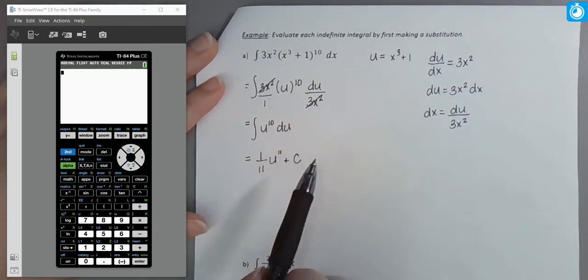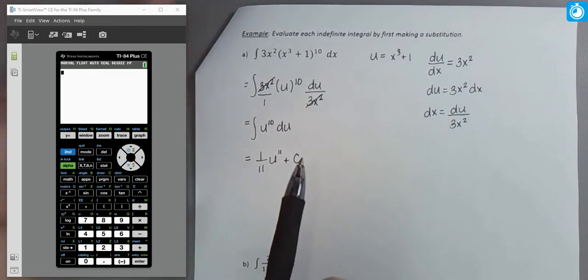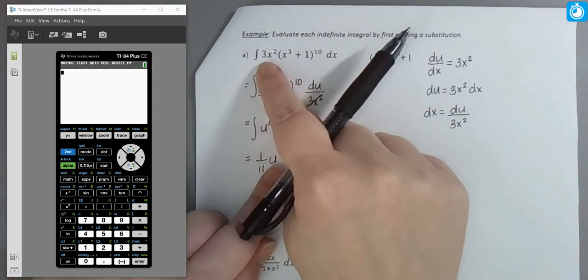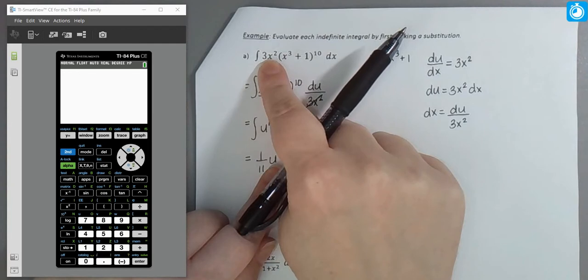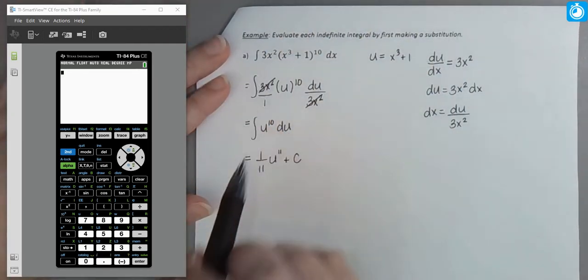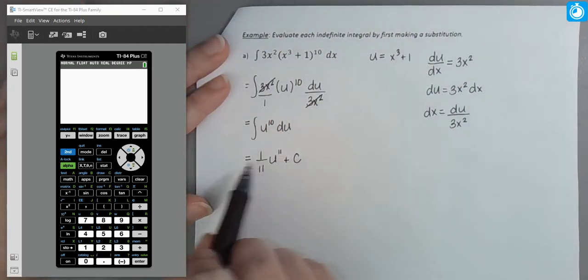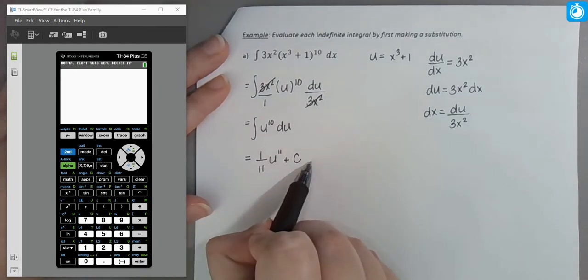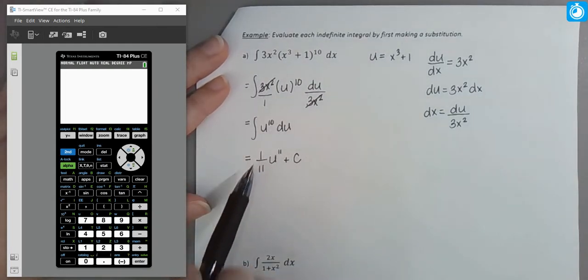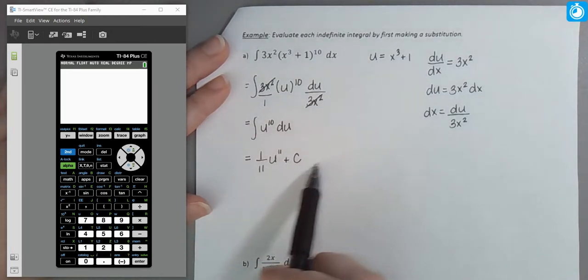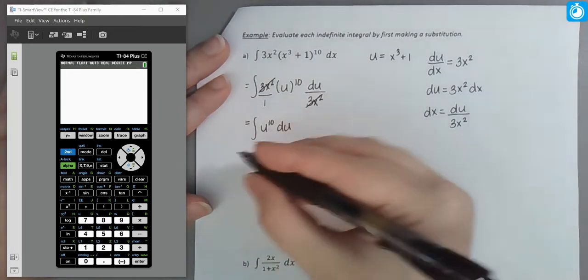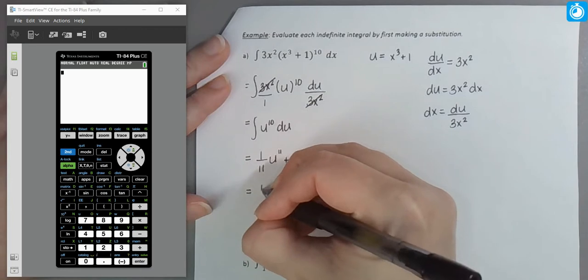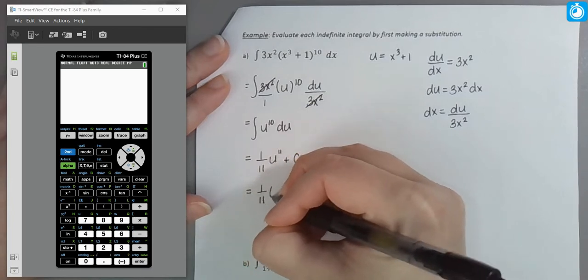Now this is not quite our final answer because we're not in terms of the same variable that we had in the original problem. We had an x in the original problem, and this answer is in terms of the variable u. So this is when we're going to resubstitute. Once we've done the integration, we're then going to resubstitute using the expression we have for u, and that'll put us back in terms of our original variable.